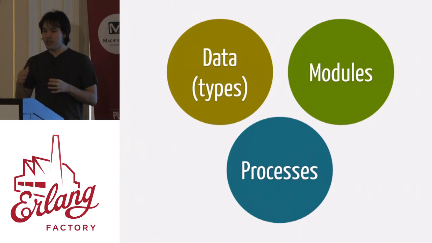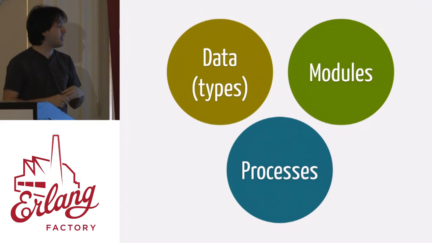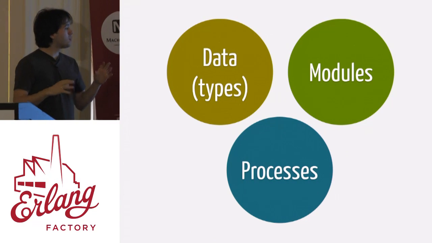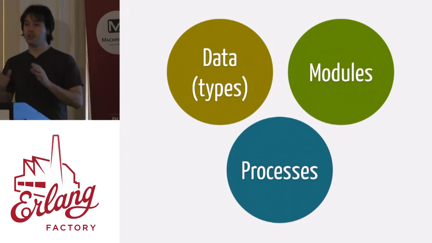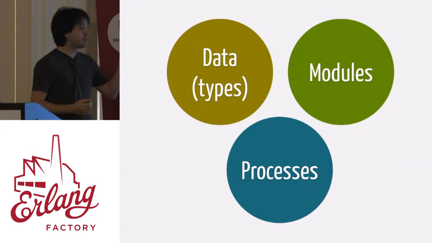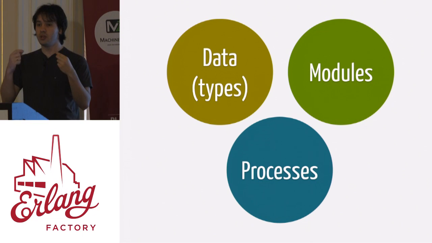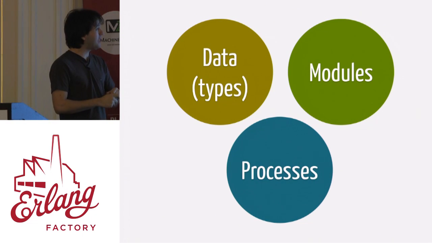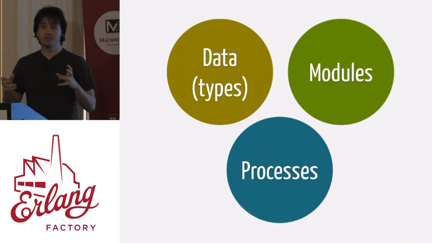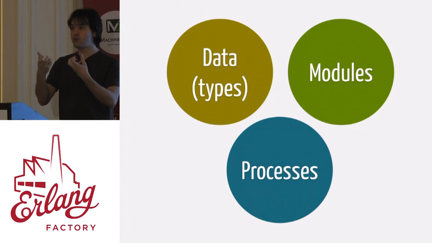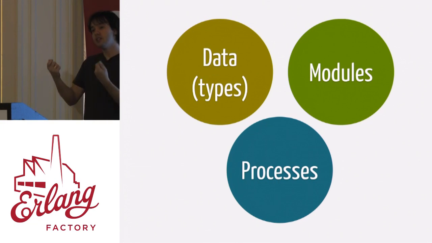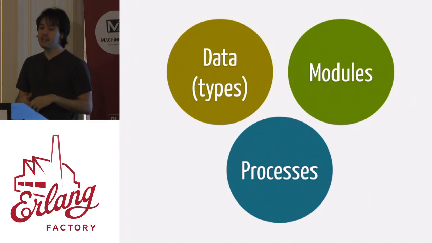So the way I look at the Erlang virtual machine today is that we have 3 main things, okay? We have data types, and those are the lists, tuples, numbers that we use in our code. And we have modules, where we actually have our code, right? It's where we have the behavior, and those modules are working with the data types.